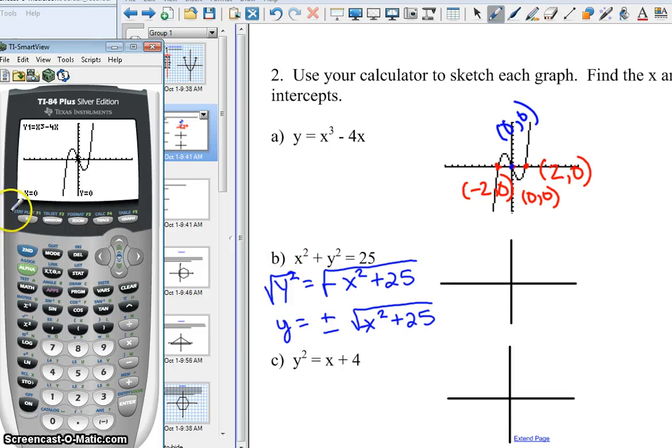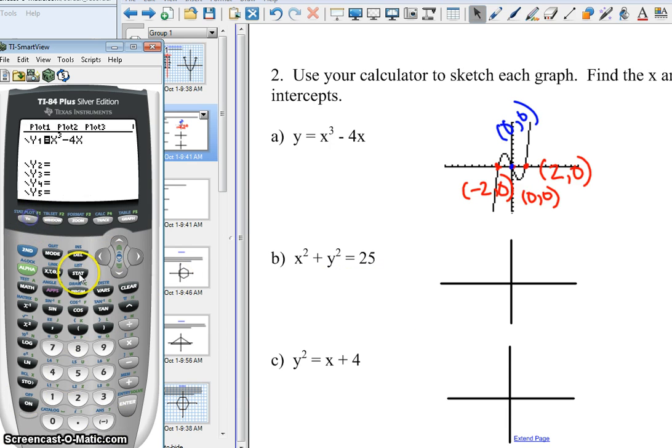Now, when we graph this on the calculator, we actually have to graph both the positive and the negative equations. So first, I'm going to graph the square root of negative x squared plus 25.